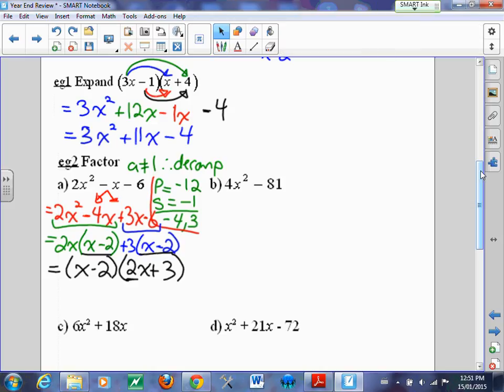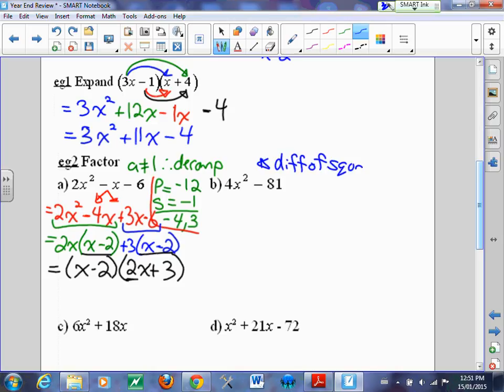Okay, taking a look at the second example, ladies and gentlemen, look to common factor first, and no, we can't common factor. Is it a trinomial? No, it is a binomial. So this is the difference of squares. Okay, so for difference of squares, you set up two brackets.